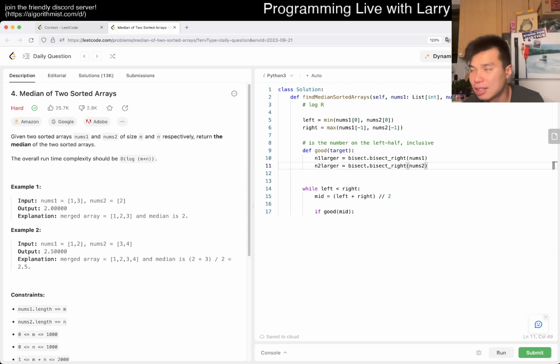Let me think about this. So basically now we want the biggest number that, wait, do we? The median, and that's actually a little bit not true either, right? Because the number's never going to appear in this for an odd number, right? But we can do the math on that one.